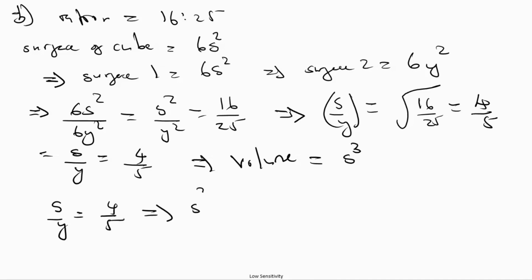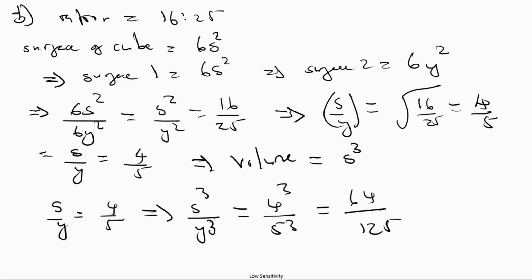Therefore, s cubed over y cubed, so now this is the volume ratio, is going to be 4 cubed over 5 cubed, which is equal to 64/125. Right, so that's what we have now.